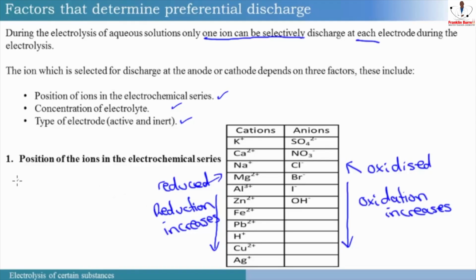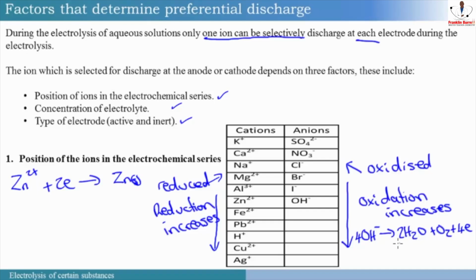So let's choose any one. Let's choose Zn2+, and we're going to add electrons because we are being reduced. And over here, we know that OH- would form H2O and O2, and we must balance this equation. So we can add 4 electrons here, and that would produce our water liquid and our oxygen gas.